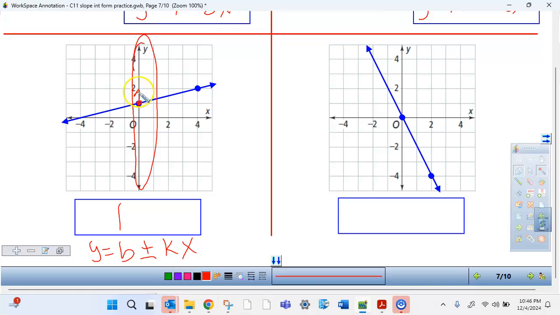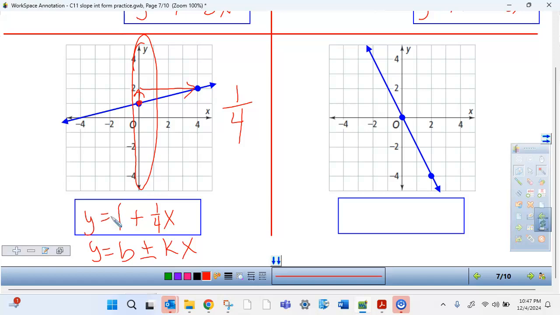Well, you're going up 1 for every 4. 1 divided by 4 is not divisible, so your slope is 1/4 y per x. So we'll say plus 1/4 per x. y equals 1 plus 1/4x.